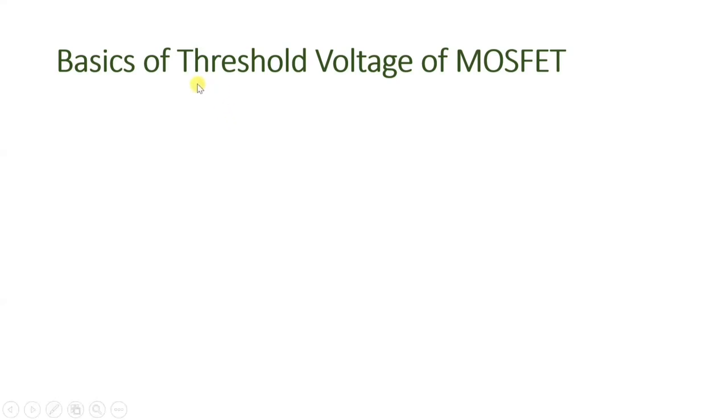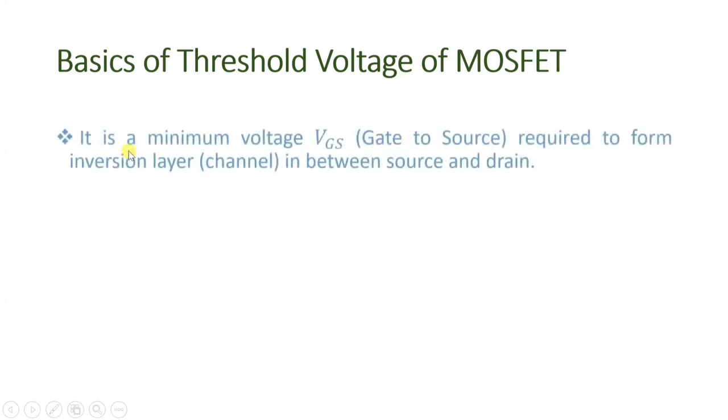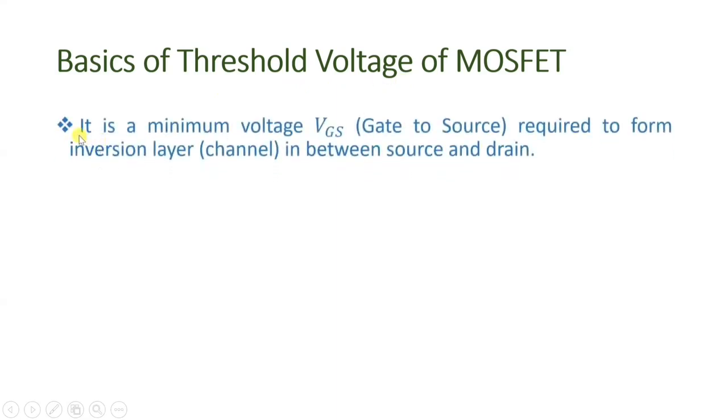So it is the minimum amount of voltage required between gate and source terminal to form inversion layer, meaning a channel between source and drain. Without formation of inversion layer, there will be no conduction between source and drain.